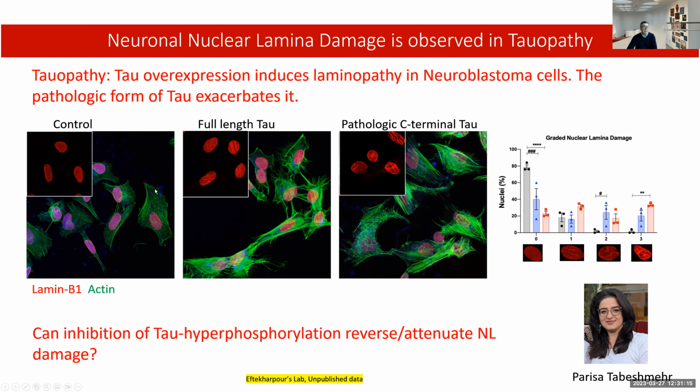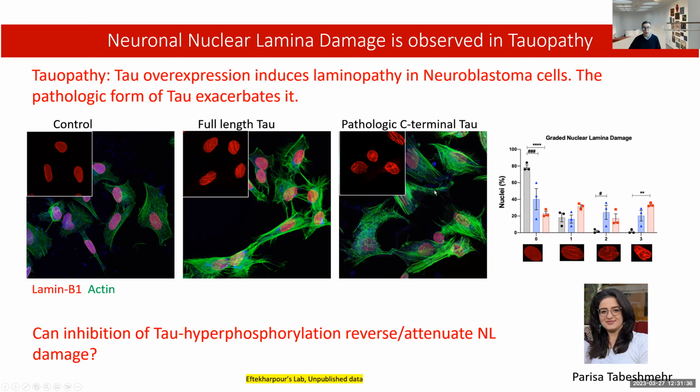We can see this is normal cytoskeleton and nuclear lamina B in control cells with presence of full-length tau. There is much more nuclear invagination, as well as condensation of the cytoskeleton.